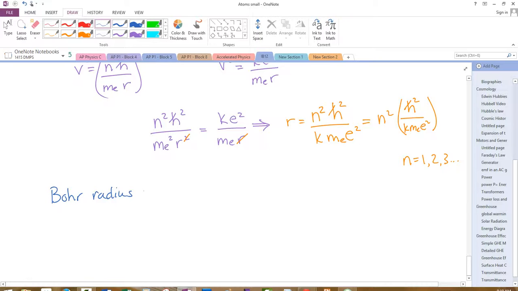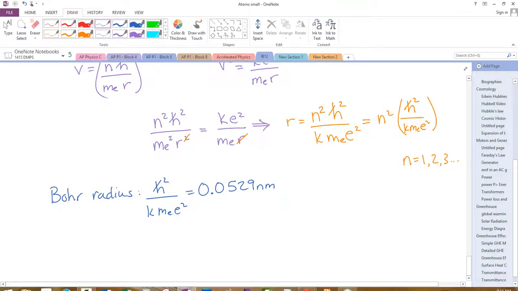And that is what we now call the Bohr radius. Bohr radius is h bar squared over k m e squared. It has a value. I'm not going to make you plug in the numbers: 0.0529 nanometers.